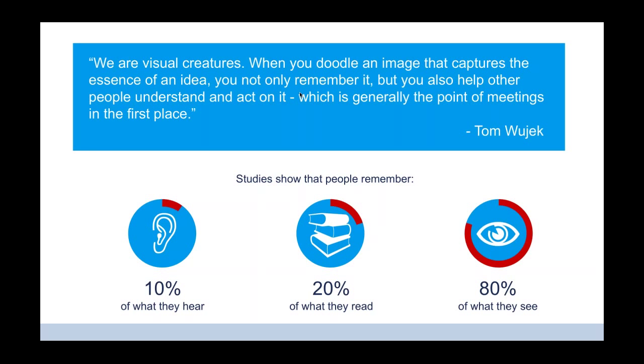Examples of visuals that you can use across the full product lifecycle are personas, use case diagrams, activity diagrams, user interface flow diagrams, wireframes, roadmaps, anything that helps people understand better.